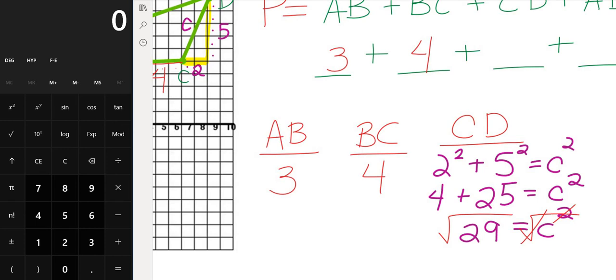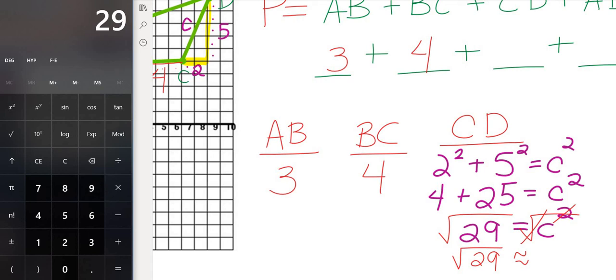And now I'm not going to put this into my calculator yet. The reason is because I have to add this to some other stuff. If I put it in my calculator and round early, I may have rounding error at the end. So I'm just going to keep it as the square root of 29. And I know it's approximately going to equal 5.385.